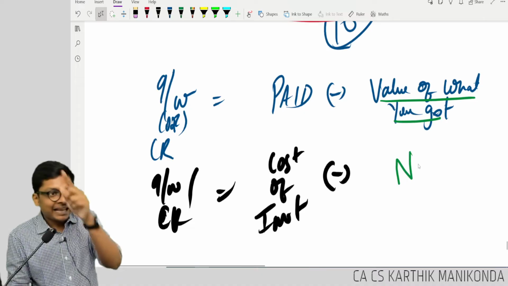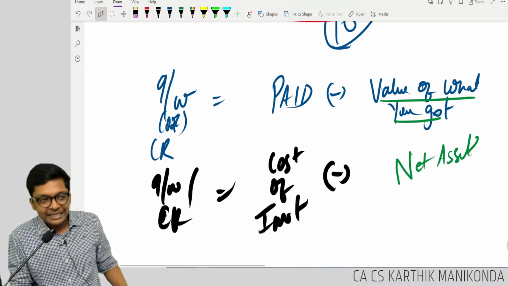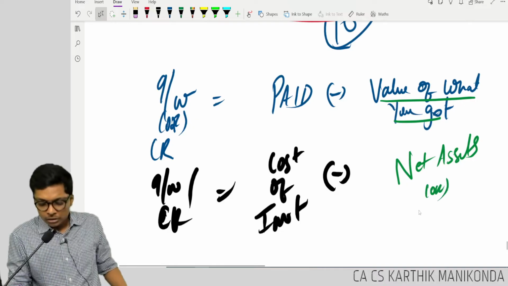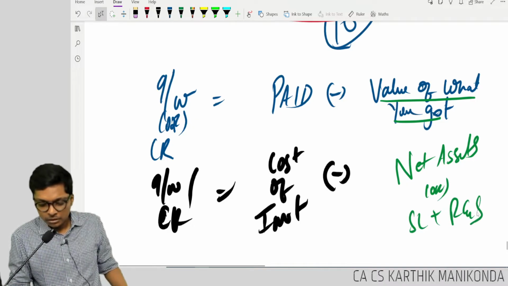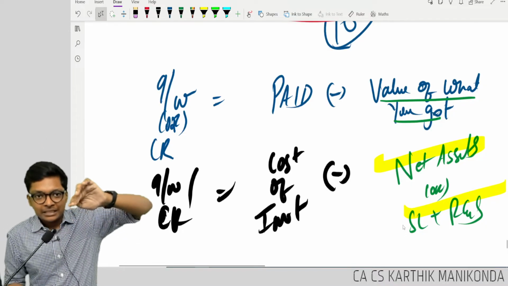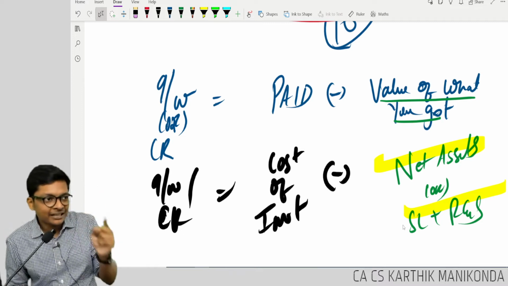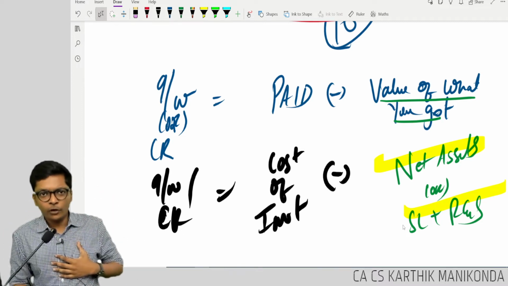Net assets. Asset minus liability is what, guys? Net assets. Or share capital plus reserves, both are the same. Correct? Either asset minus liability or share capital plus reserves, both are the same. Are you following, guys?